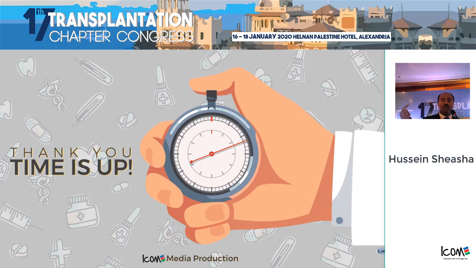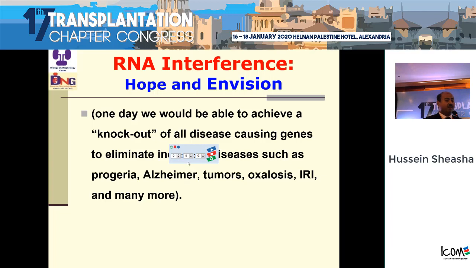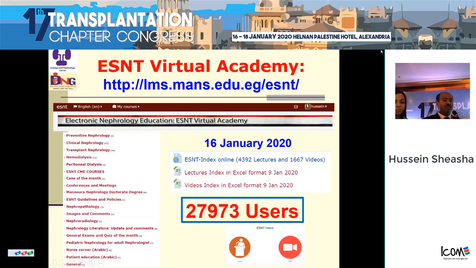However, the use of RNA interference therapeutics in the field of kidney transplantation is still in its infancy. But I think the data of primary hyperoxaluria is promising, and to reduce primary hyperoxaluria and to have drugs that stop oxalate deposition, I think this will be a great success for the patients.